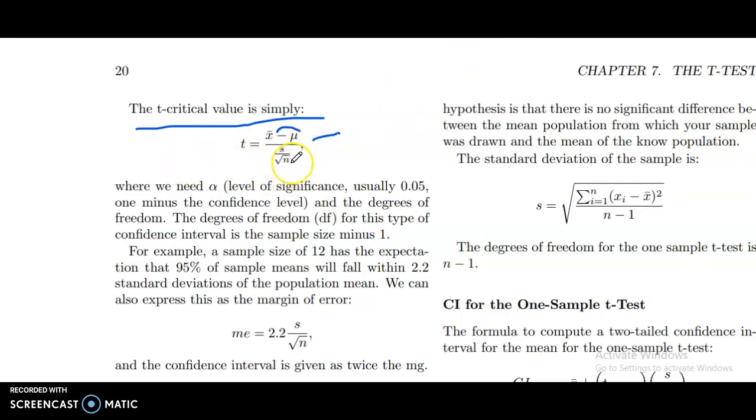Understand? Here n is under the square root, then s is divided by that value.